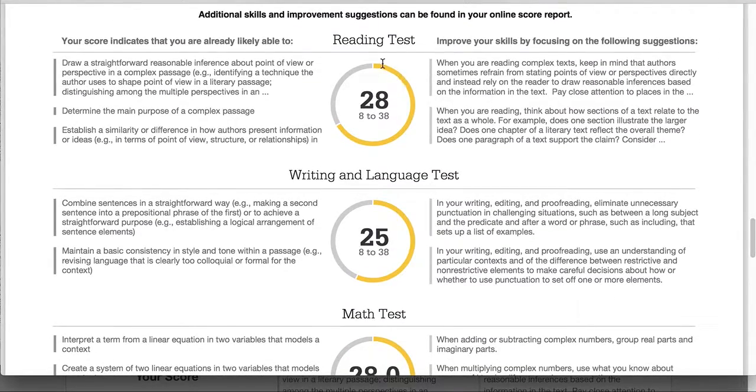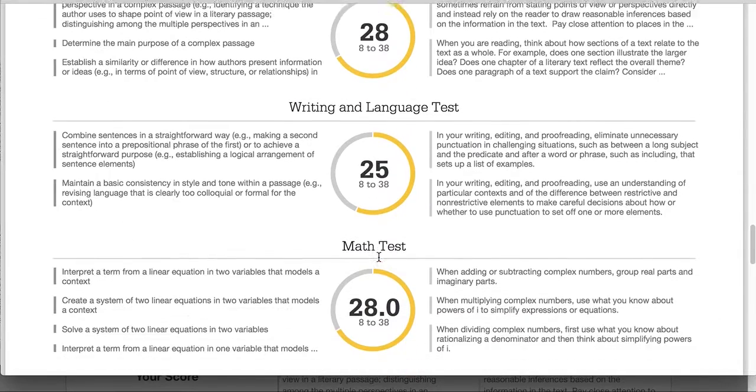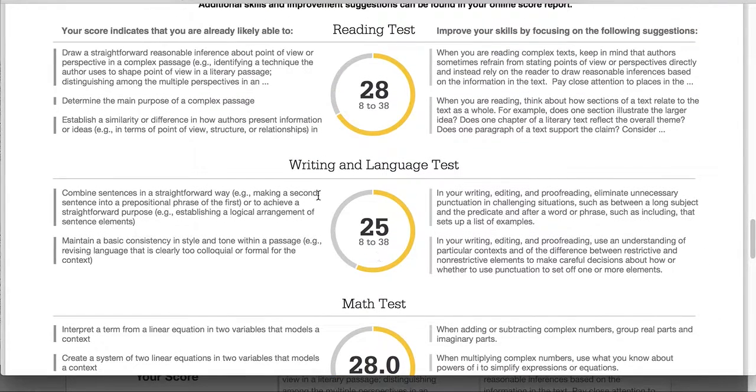Now, in addition to getting an overall assessment from the test on where the student stands in reading, writing, and math, the test also likes to give some sort of stock suggestions about how to improve for, say, the reading section. So you can see that these comments here are cherry-picked from a selection of comments that the test thinks applies to this student.